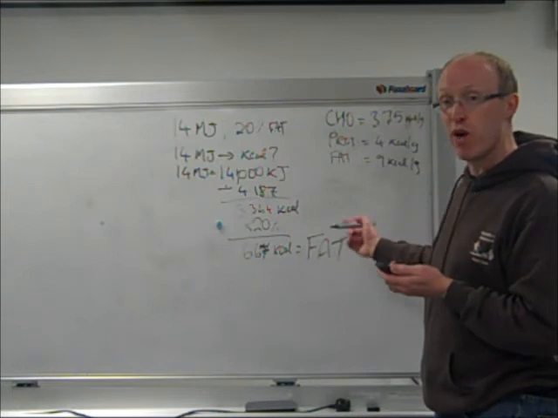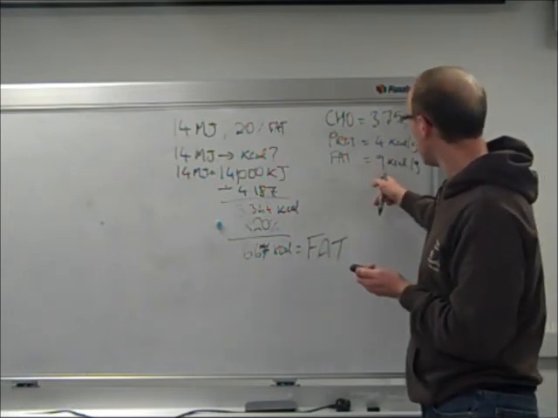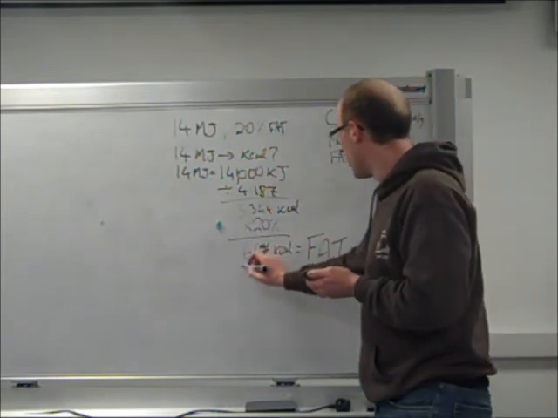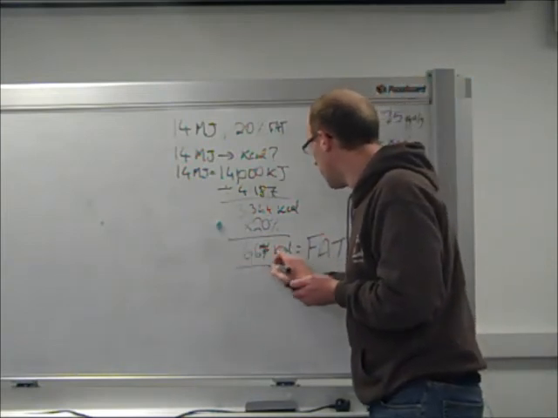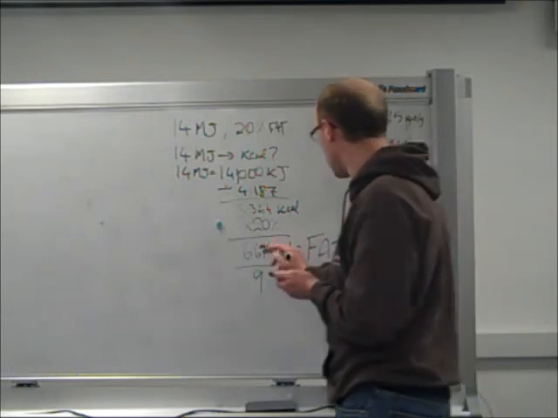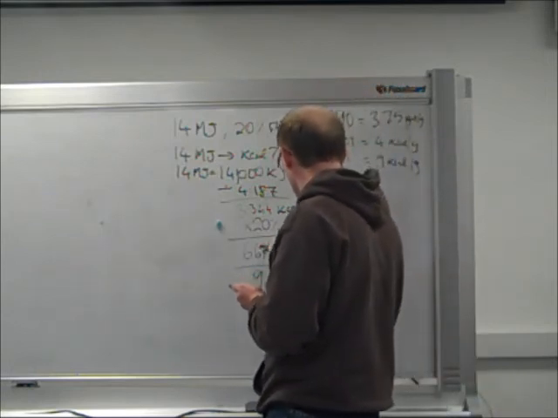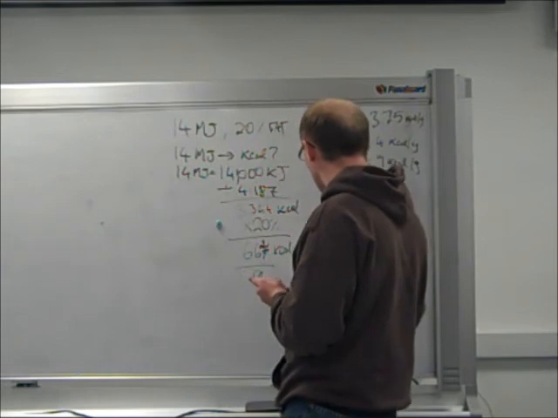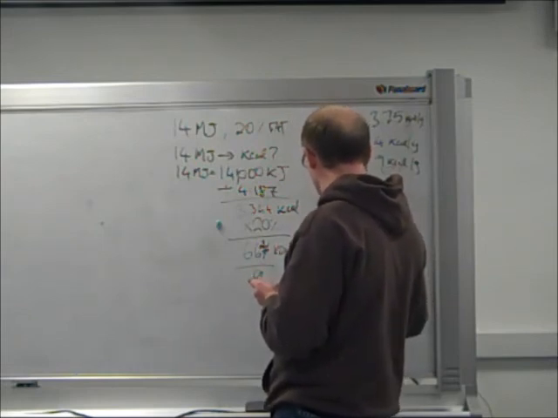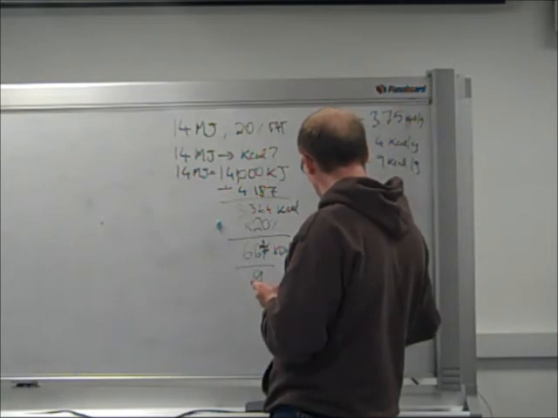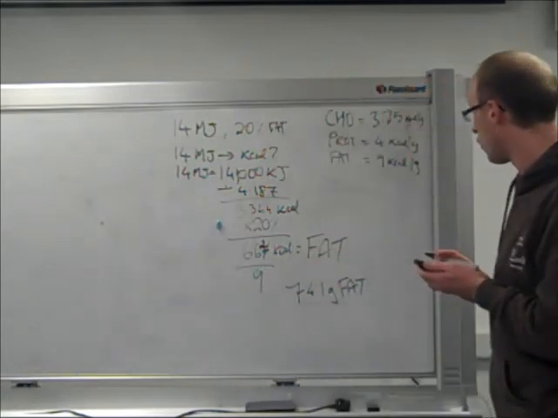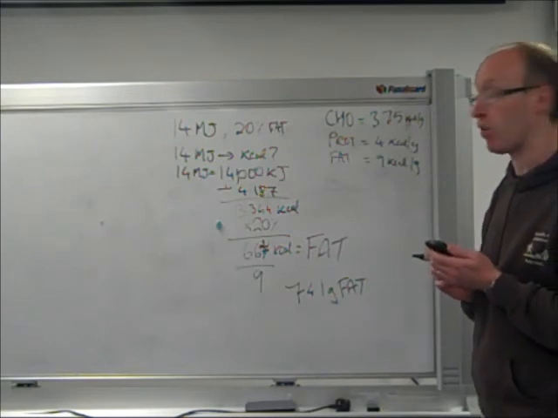The next step should be relatively simple. Each gram is worth 9 calories, so I simply divide that by 9, and that tells me how much fat there is. So 9 into 66 goes 7 times, leaves you 3 over, goes 4 times, leaves you 1 over. And your answer is 74 grams of fat for that question.